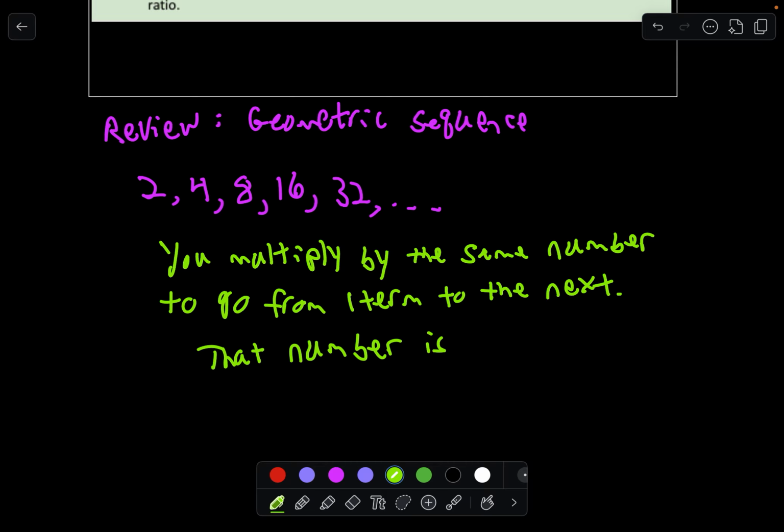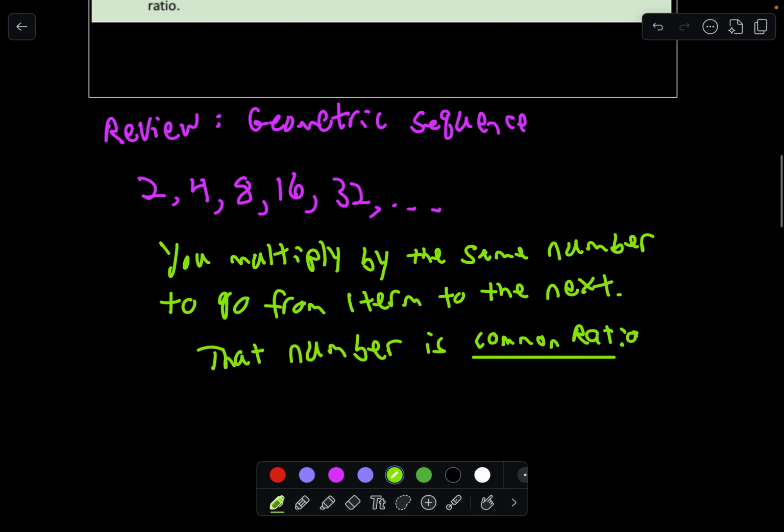And this is something you should have seen, the common ratio, as represented by R. And R is always the ratio of one term, the term to the right, divided by the term before it.